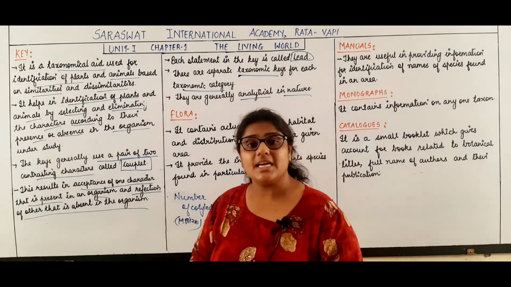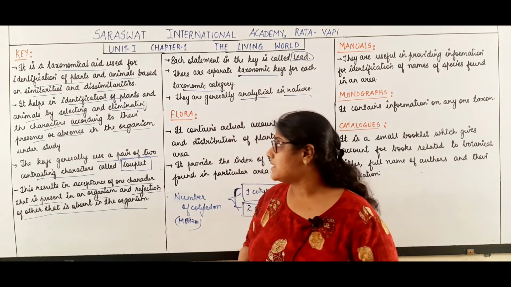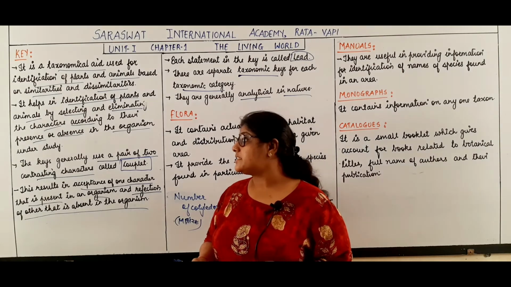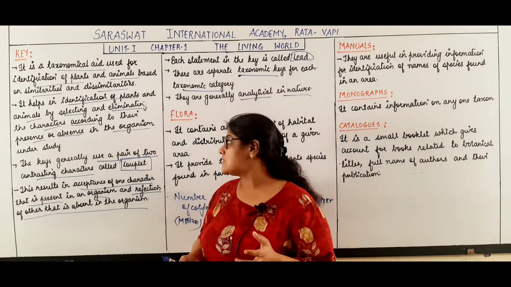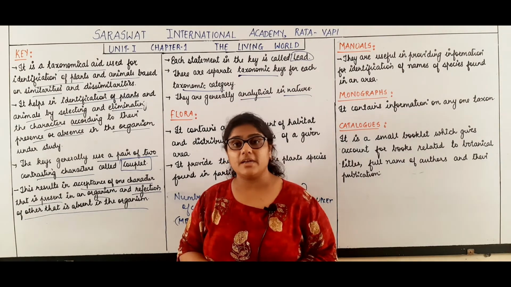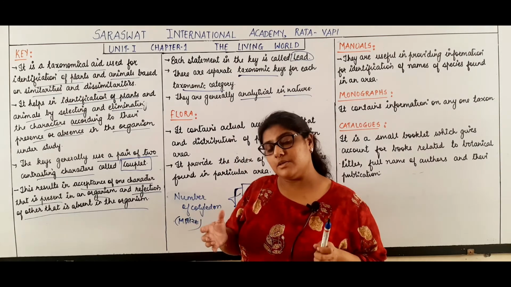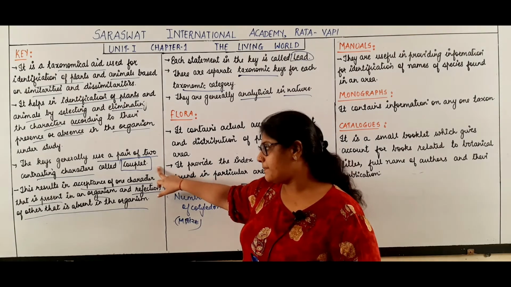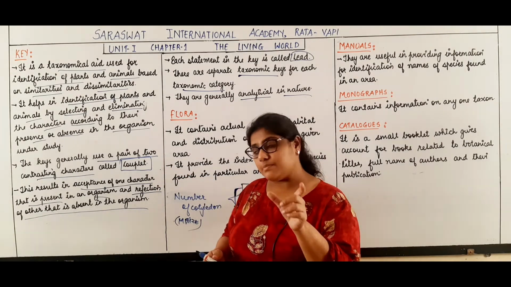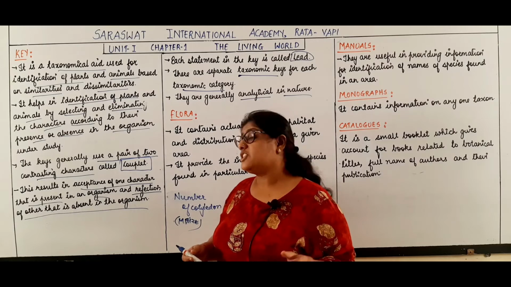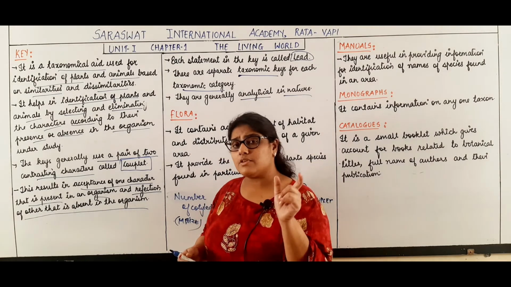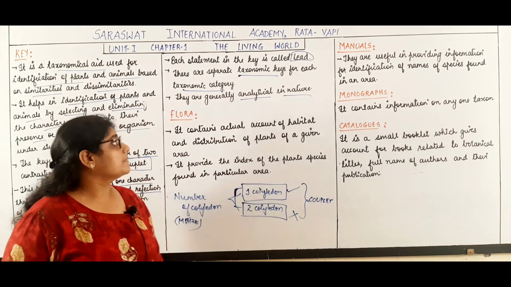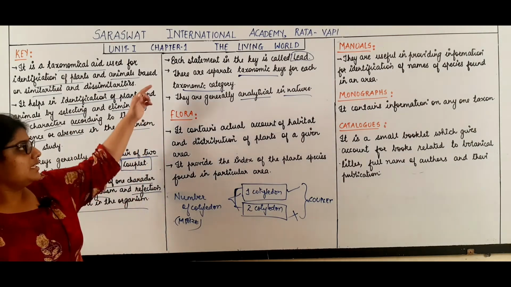How does it help in identification? By selecting and eliminating the characters according to their presence or absence in the organism under study. The use of 2 contrasting pairs of characters is called a couplet, which results in the acceptance of one character which is present in the organism and rejection of the character which is absent. And each statement of a key is called what?